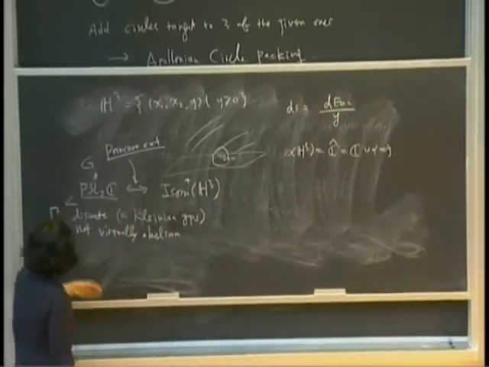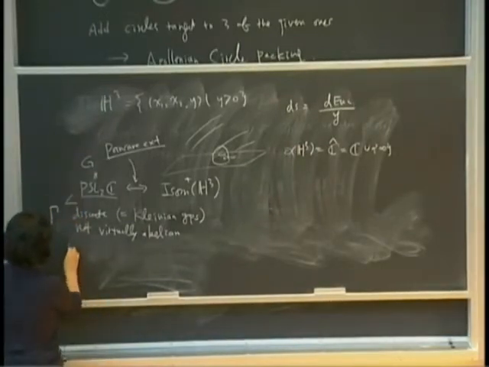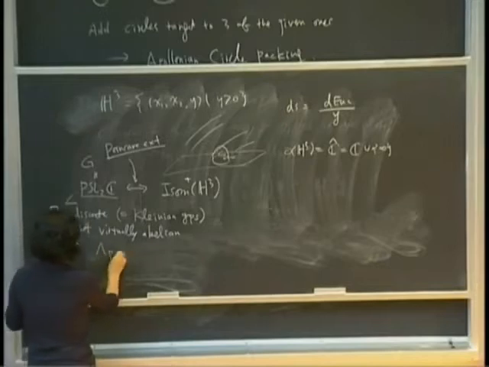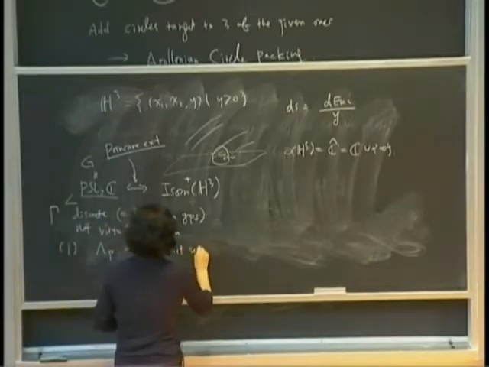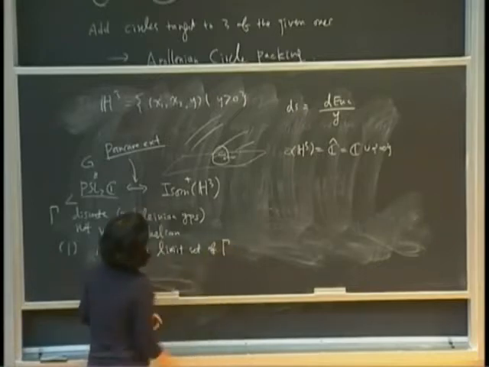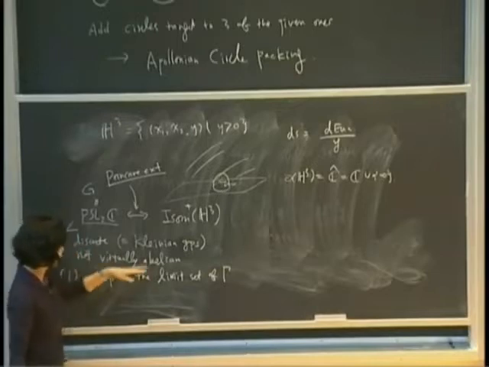And two basic definitions about this discrete group of PSL2C. The first is the limit set. The limit set of gamma can be defined in many different ways, but in this case we can simply define it this way.